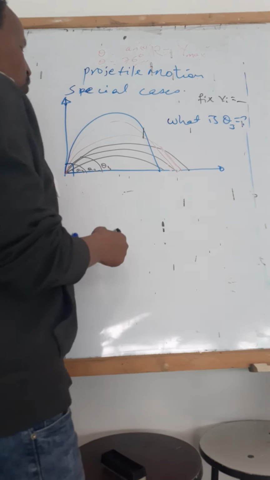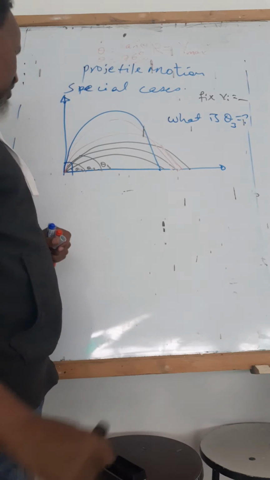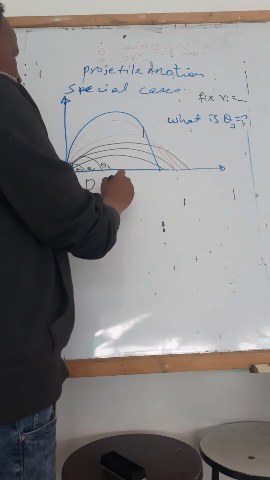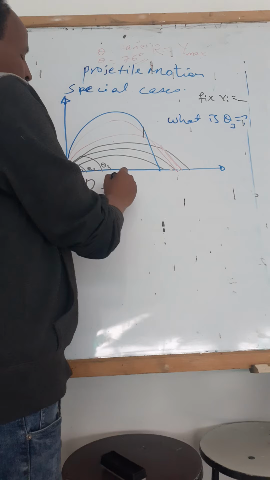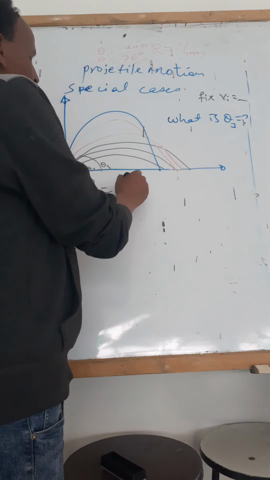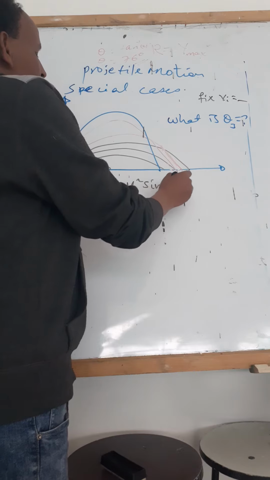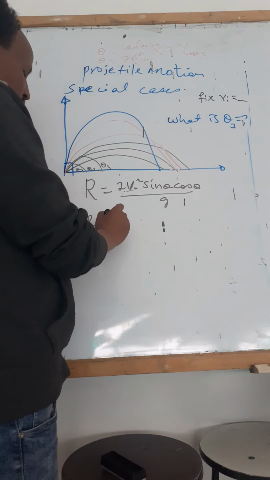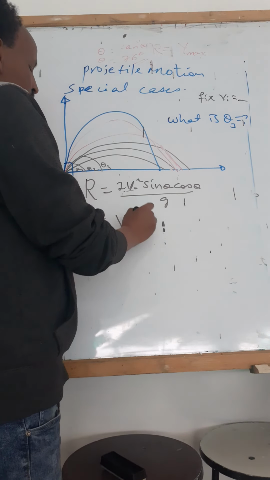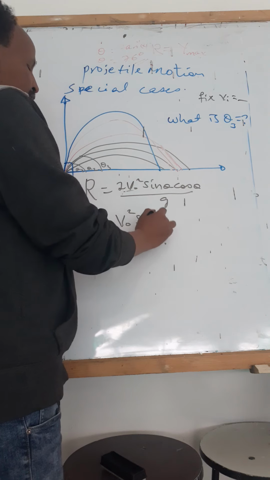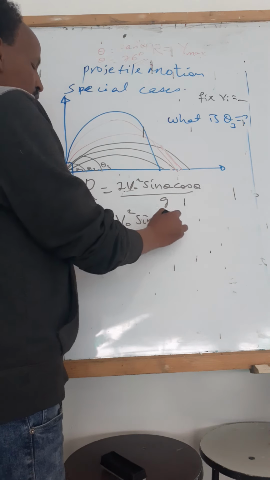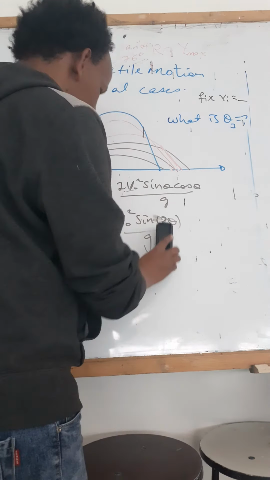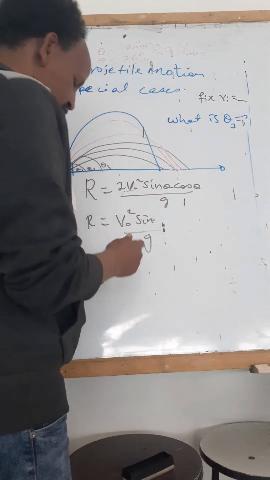The other case is what is theta 3, where the range is maximum. We know that the range of such a projectile is calculated as 2 v naught square sine theta cos theta over g, or we can reduce this as v naught square sine 2 theta over g.